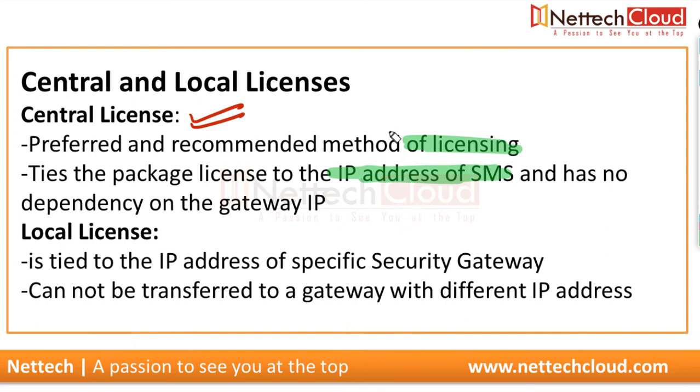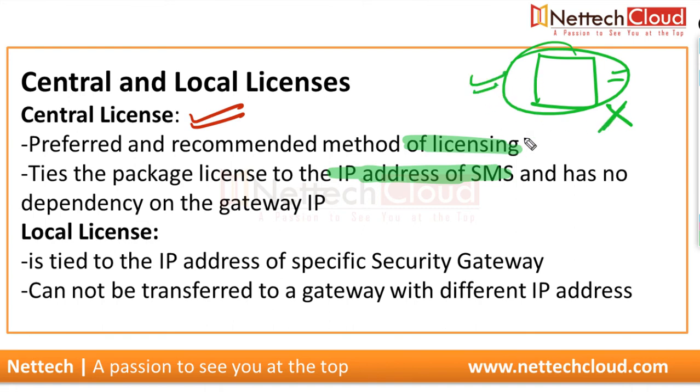For example, let's say you have one of the gateways at a different branch office or headquarter location, and after some time that branch office has been moved or shut down permanently, and you want to use this gateway device at a different location. Do we need to contact the Check Point team for the licensing or for other purposes?